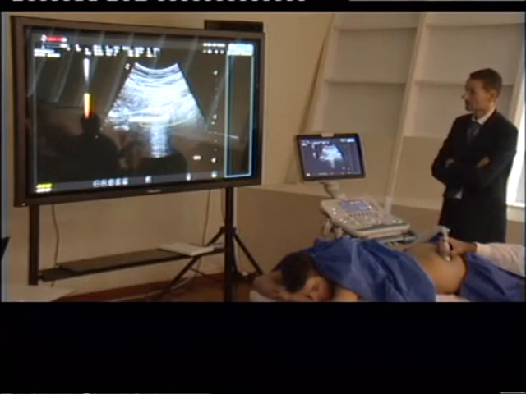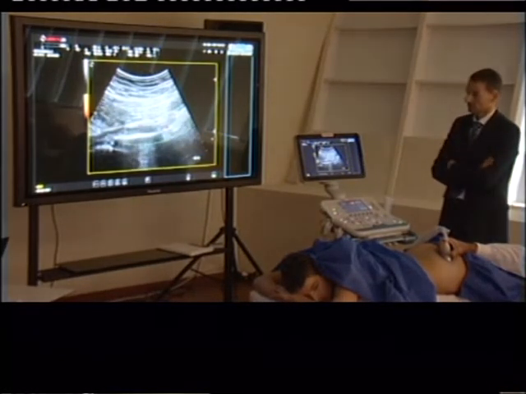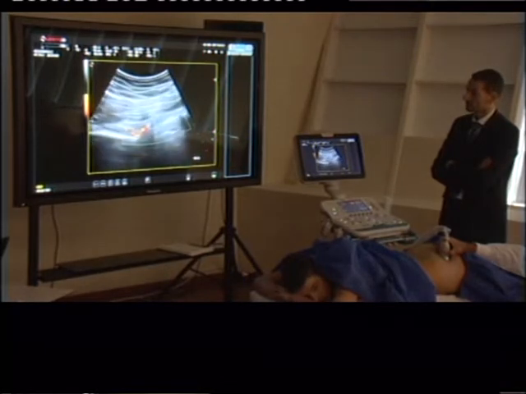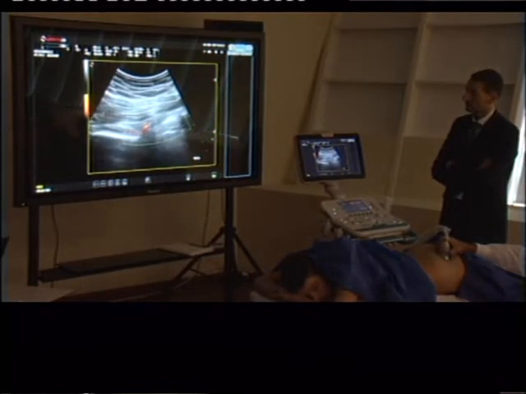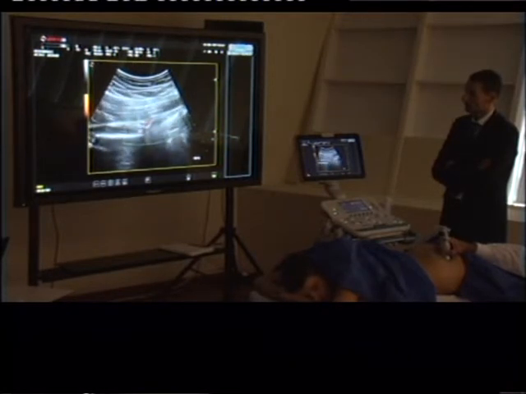Pudendal artery and nerve. Sciatic nerve. Is your descending branch or your inferior gluteal nerve, and this is your pudendal artery and nerve. And now this is sacrum, sacral spinous ligament, sacral tuberous ligament, sacrum, spine, and that's pudendal, sacral tuberous, sacral spinous, sciatic.